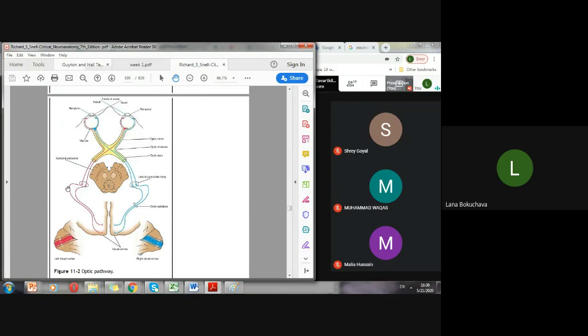There we said we have one of the structures which we call the geniculate bodies or geniculate nuclei. The very first one is the one which is decussating here. So the optic nerve itself is the one which is decussating, simply.